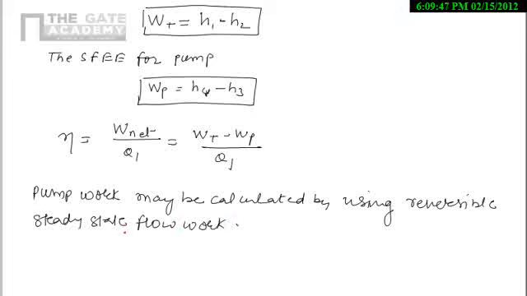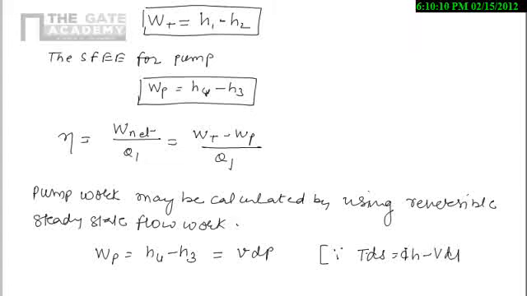So in that case, we already know Wp is nothing but H4 minus H3. So it is equal to VdP, because we know del H equals VdP. We have the formula TdS equals del H minus VdP, and the process is an isentropic process for the pump work, so TdS will be 0, so we get del H equals VdP.